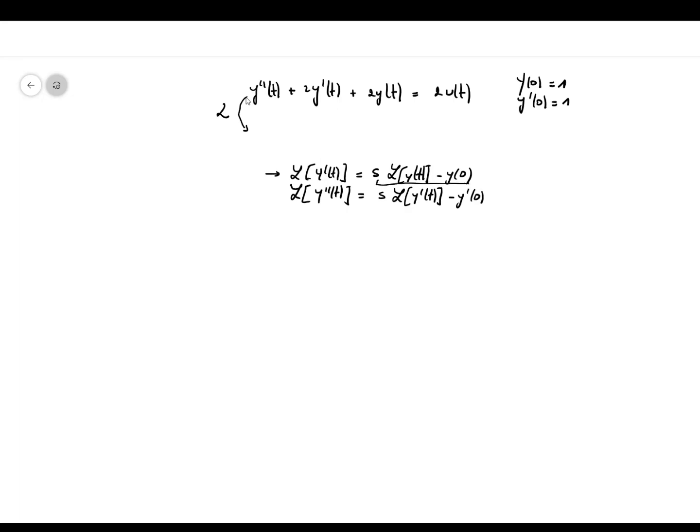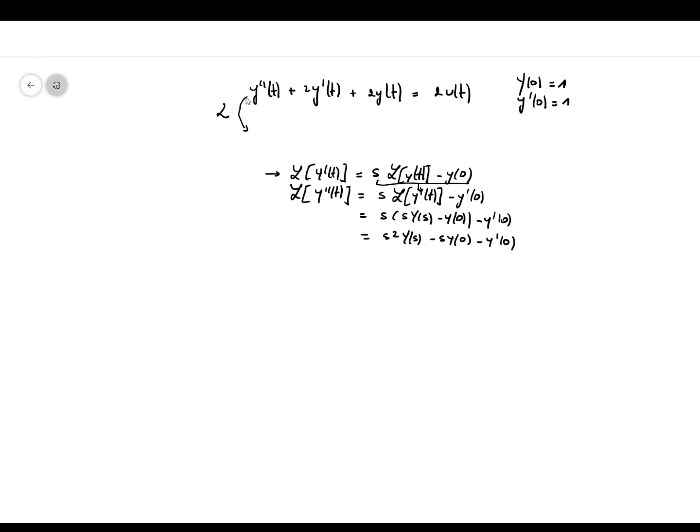You can plug this in here, so we have s times (s Y(s) minus y(0)) minus the condition on the derivative. So this is s squared Y(s) minus s y(0) minus y prime (0).